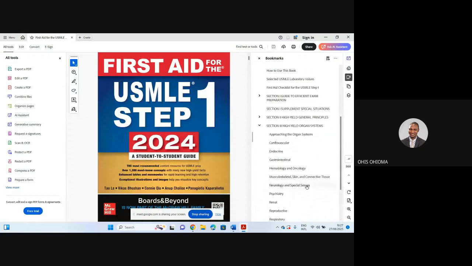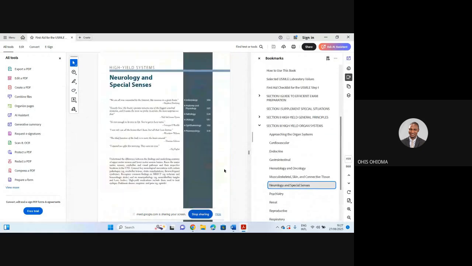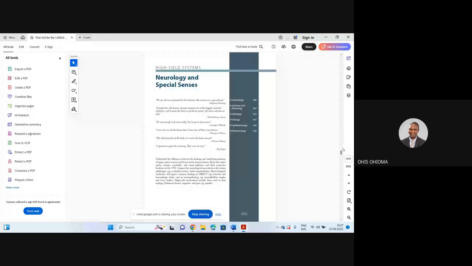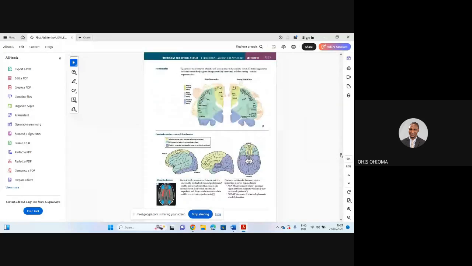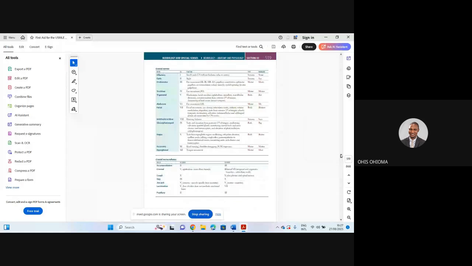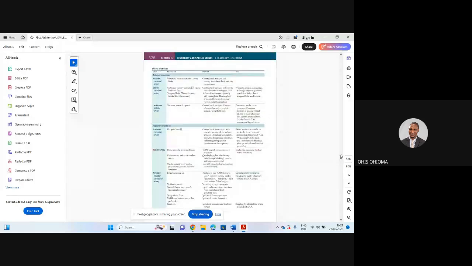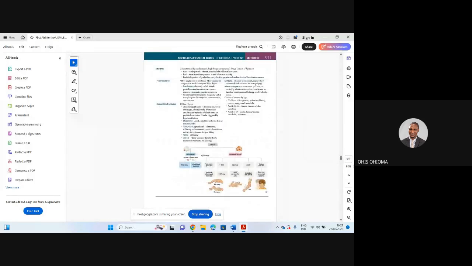So let me just use a diagram to illustrate what I'm trying to say, guys.